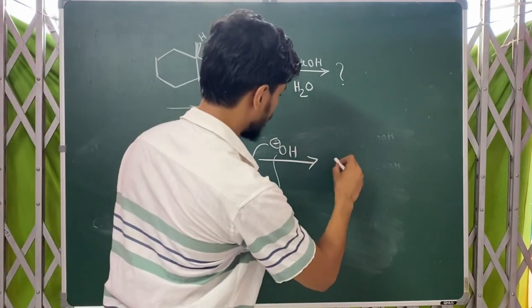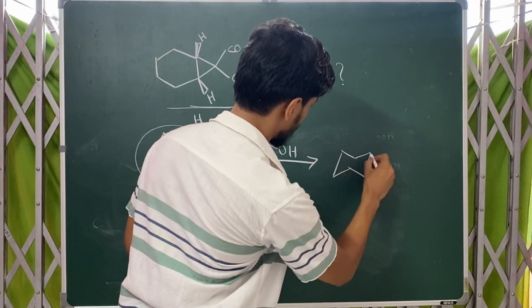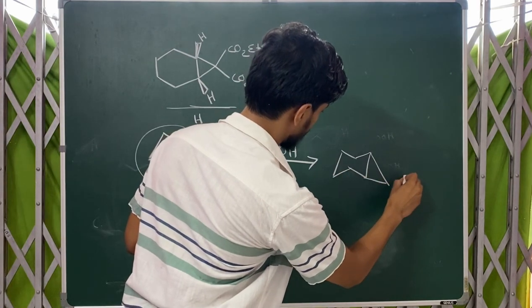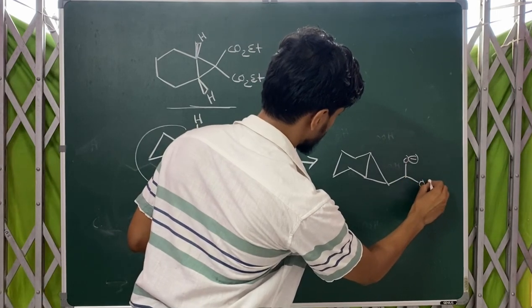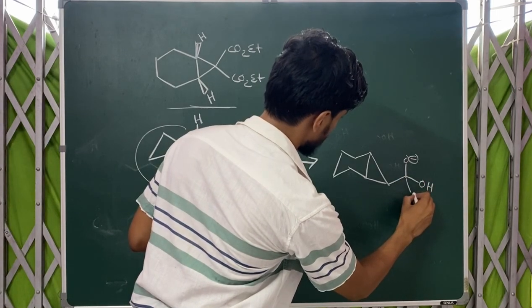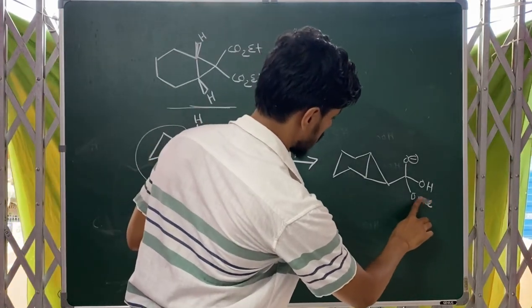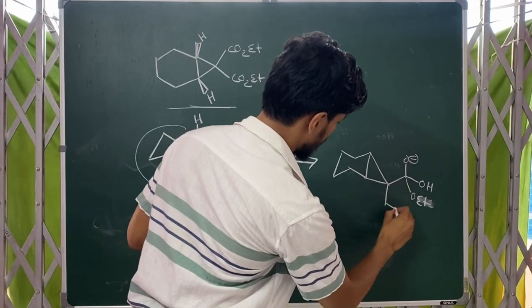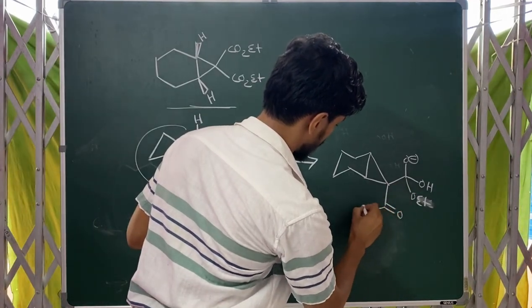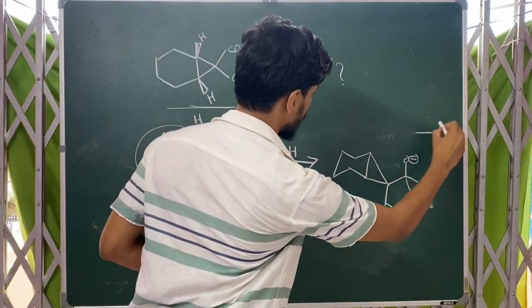So from that, what will we get? We will get something like this. Here we have this O minus, we have this OH, and we have this OEt, the ethyl ester, and here the other OEt is intact. So this is our intermediate.